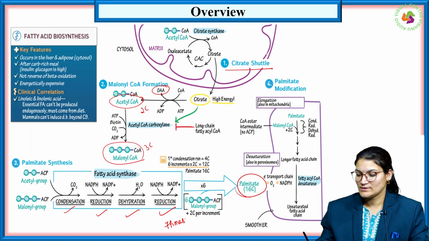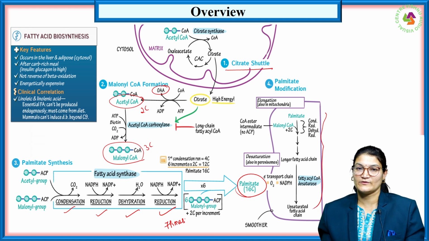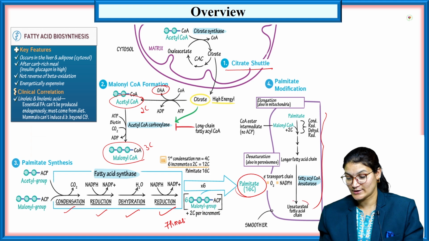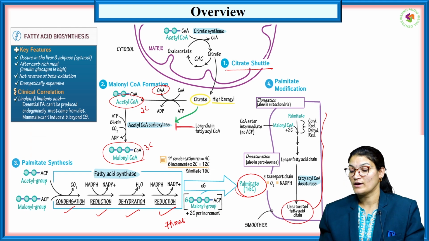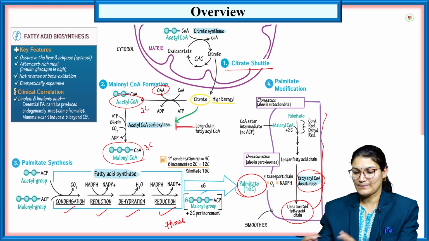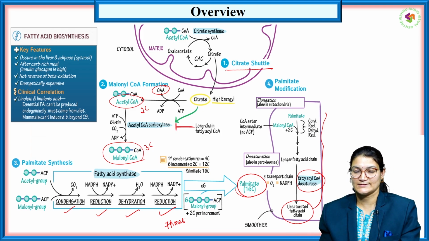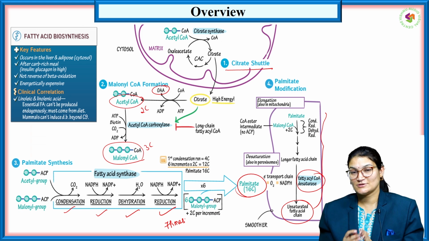And this is the further process. Once the palmitate is formed, which is a saturated fatty acid, it may sometimes get converted into an unsaturated fatty acid in the presence of fatty acyl coenzyme desaturase enzyme, and this happens after the initial fatty acid synthesis. And this is the overall overview of fatty acid synthesis.